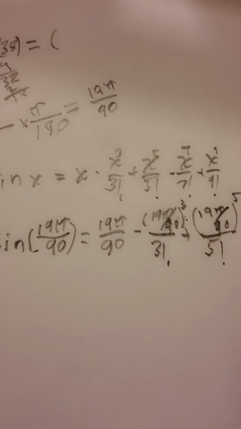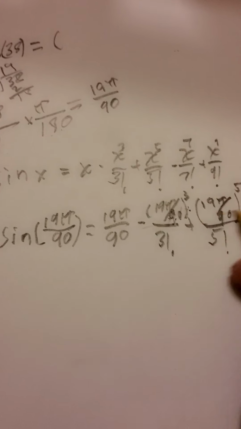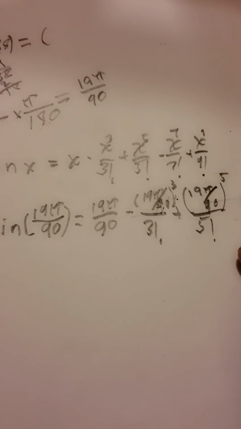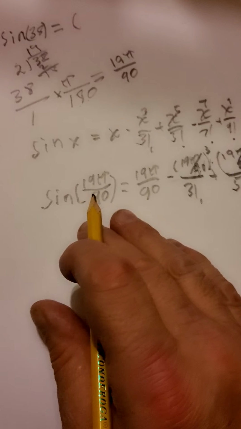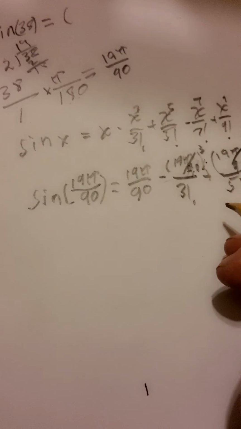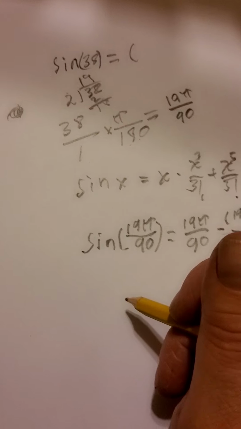And it'll just keep expanding it out. I'm not sure how far out in the series the calculator expands it, but I think pretty far out. And for a calculator, that's no problem at all. So you would be able to find that.